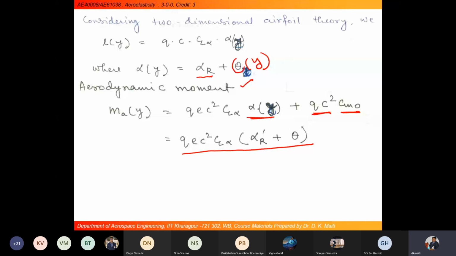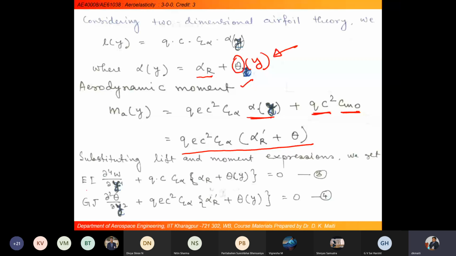That's where I am saying, after substituting, this equation will have W and also theta. So W and theta are coupled in the first equation, whereas in the second equation the aerodynamic moment is independent of W. There is no component of W coming into the picture in this second equation.